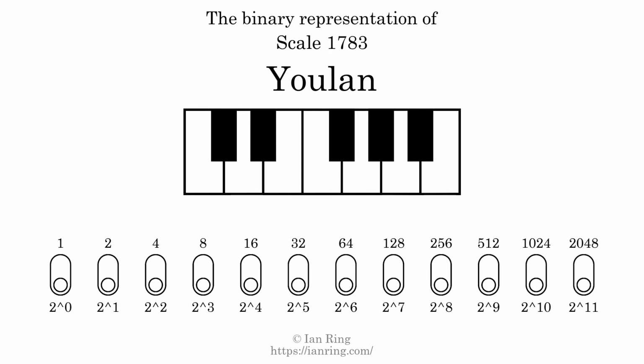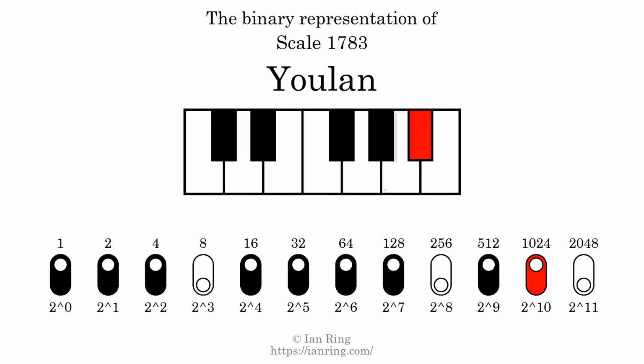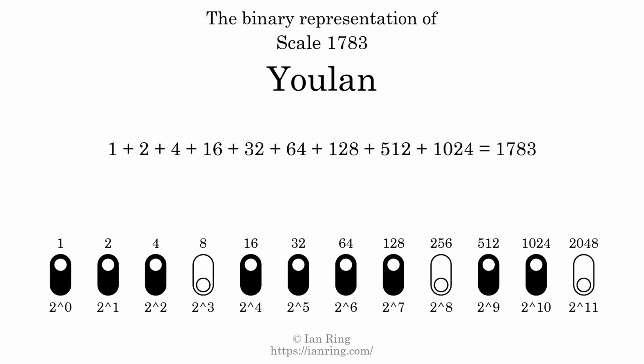The binary representation of this scale is determined by mapping tones of the scale to binary digits. Each binary digit represents a power of 2. To get the scale number, we add the powers of 2 together. The powers of 2 that are present in the scale, all added together, equals 1783.